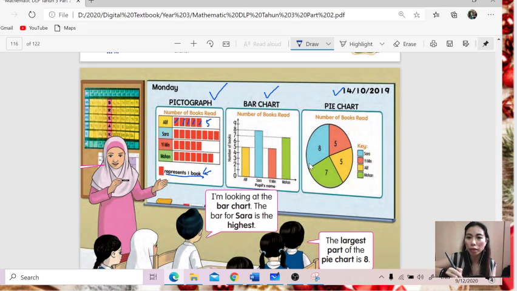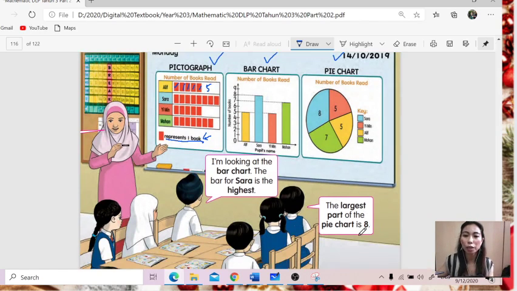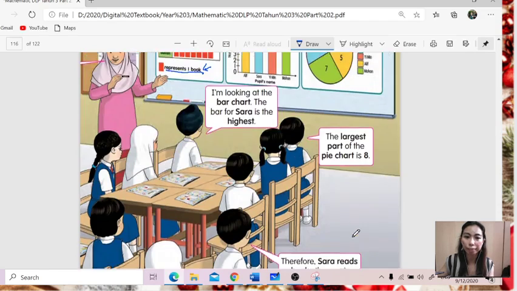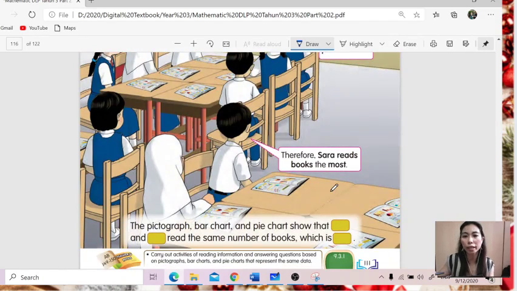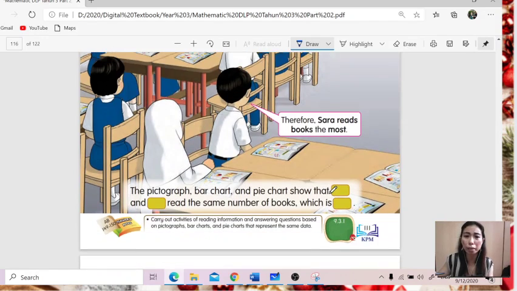So you can differentiate: 8 and 7, blue and green. The 8, the blue one, is bigger than the green one. And the peach and yellow have the same size of pie, so it's the same number. So the largest part of the pie chart is 8. So Sarah is the highest, or reads the most.